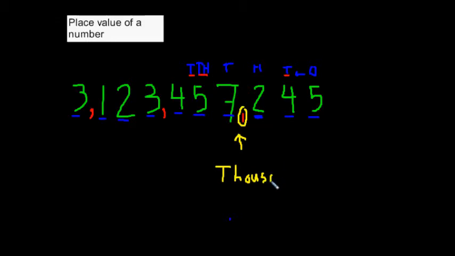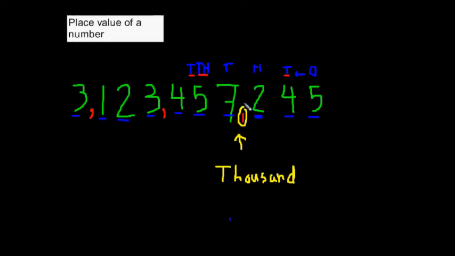Now the digit in the thousands place value is 7, and the digit in the 10,000 place value is 5.